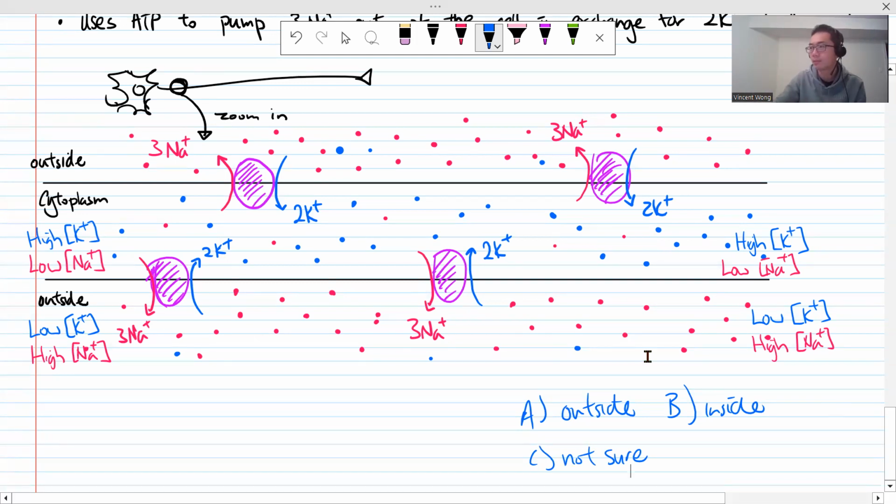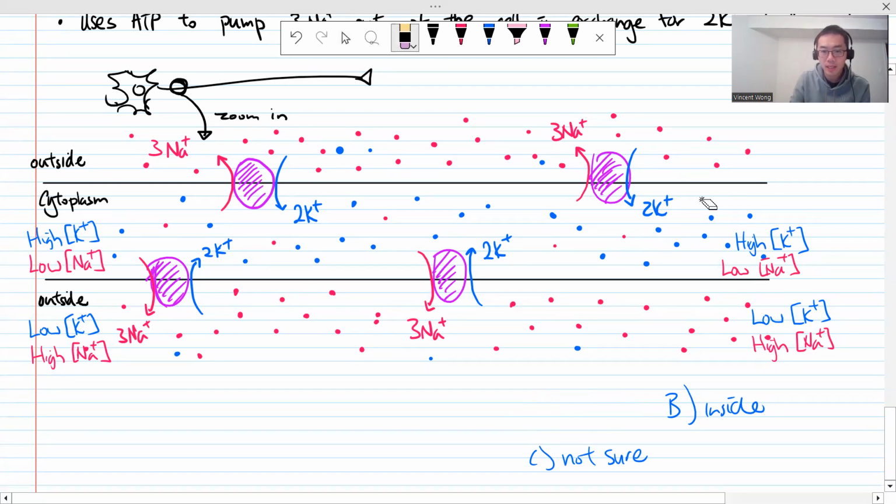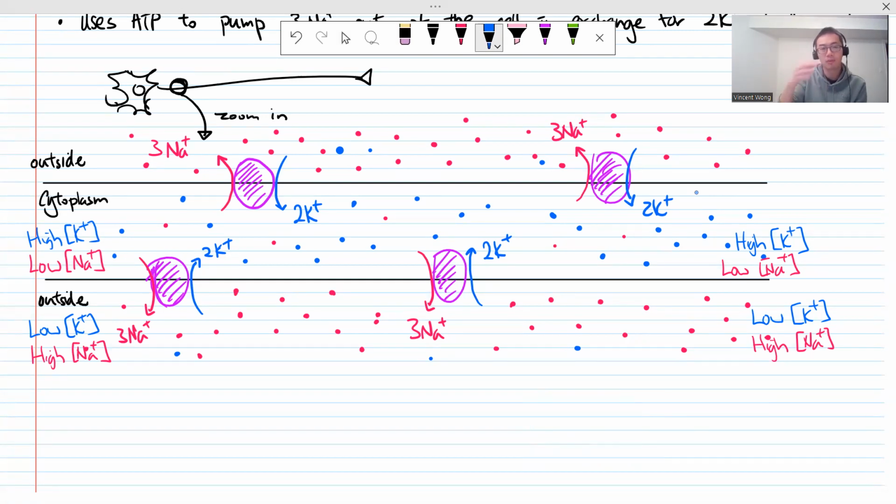Okay, well, 9 people, 10 people. 70% of you said it's more positive outside, and then some of you say it's more positive inside. Well, let's think about this. The sodium potassium pump is moving 3 sodium out.